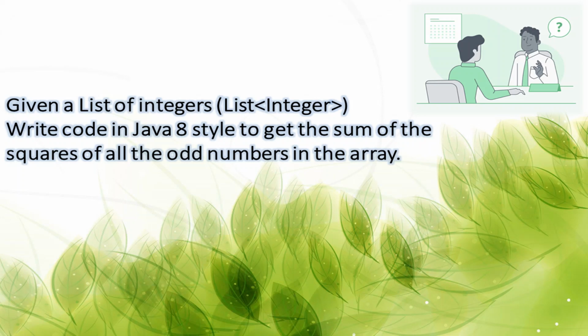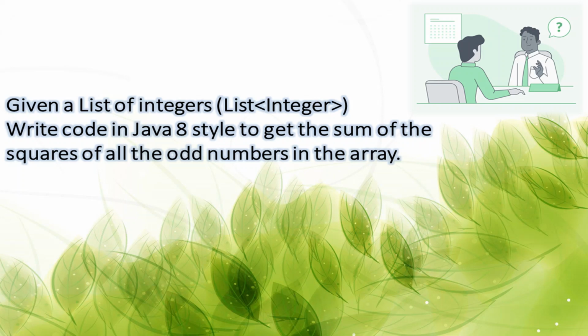To perform an operation on each object of the list, I'll be using map: .map i arrow i * i. At this point I'll have the squares of the odd integers, and then I'll collect them using Collectors.toList.